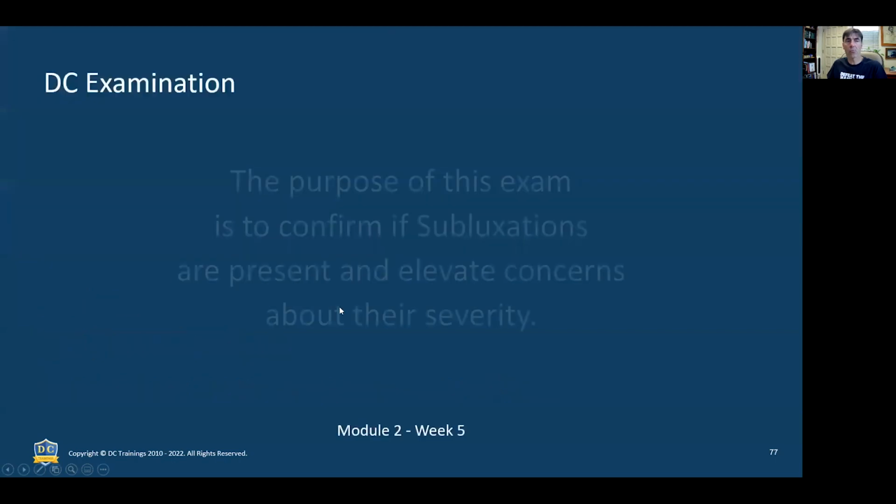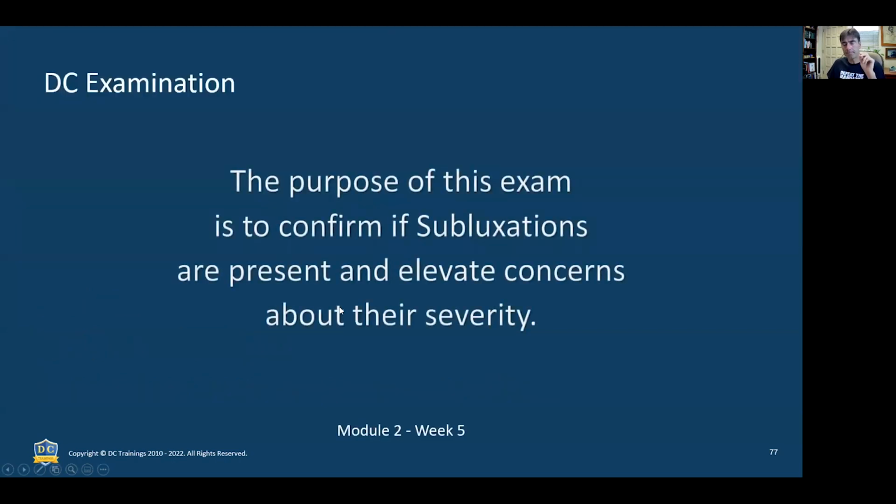But for today, we're going to go right into this DC exam because, as it says on the screen, the purpose of this exam is to confirm if subluxations are present and then elevate concerns about their severity. And I'll just sidebar for a second, because I know many of us have run into patients over the years that didn't want to have x-rays, or they wanted to get adjusted on their first visit.